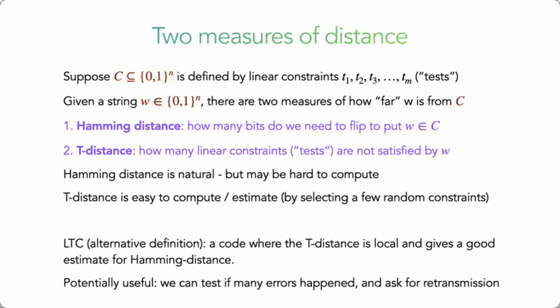So an alternative definition for a locally testable code is that these are codes where the T distance is a good estimate for the Hamming distance. These are codes where, if you are far from the code, then your T distance will also be large.